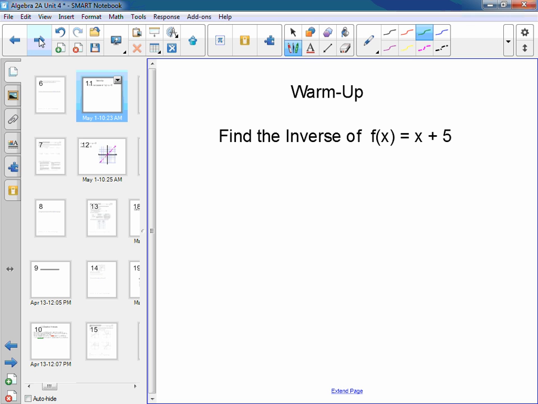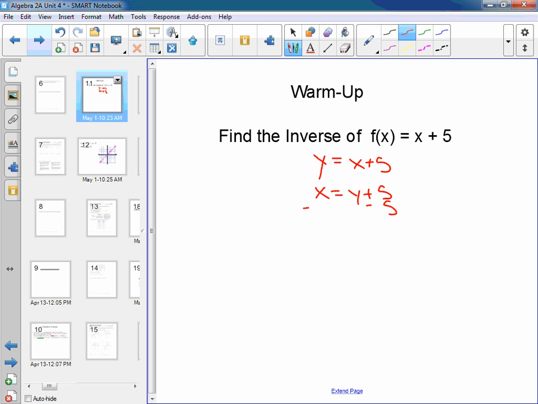We're going to start by reviewing. Remember how we found the inverse before. If the inverse undoes the work of another, the inverse of x plus 5 should be exactly x minus 5. So the steps we talked about last time: write this as y equals x plus 5. The next step was to switch the x and y around, so write it as x equals y plus 5, and then solve for y.